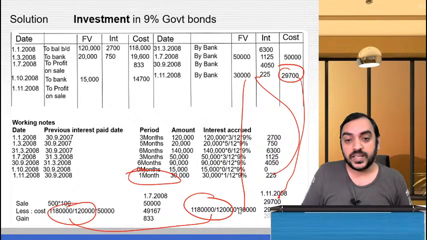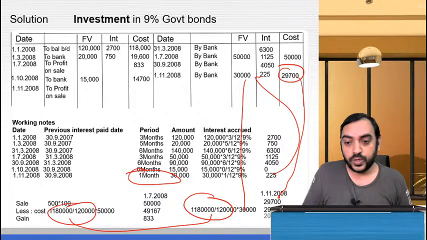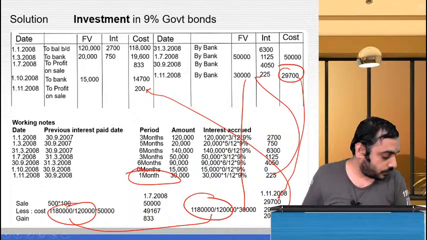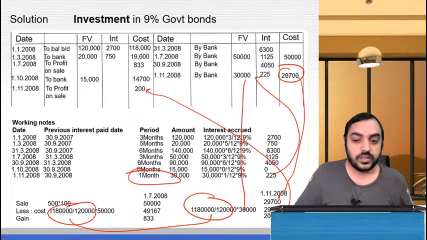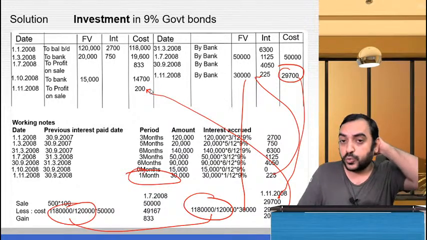So profit on sale comes to 200 rupees. So 200 rupees we will transfer it. On weighted average method, we will do in the next problem. When I do shares, the shares I'll do on weighted average method.